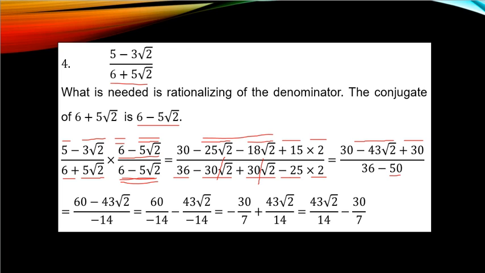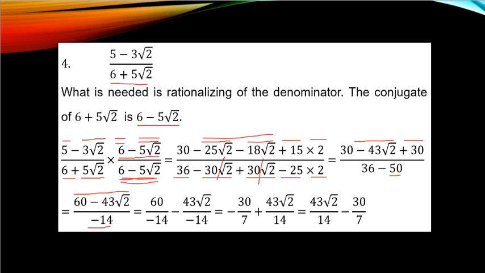You can add 30 and 30 in the numerator, so you have 60 minus 43 root 2. If you subtract 36 minus 50, you have minus 14. You can also split it down, because 60 and minus 43 root 2 have minus 14 in common.